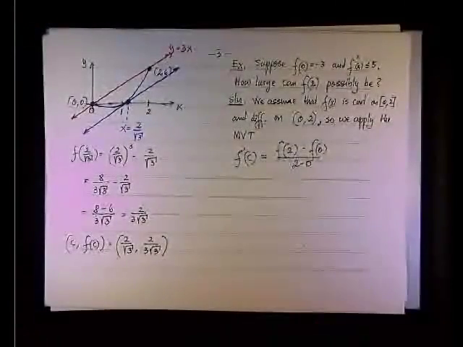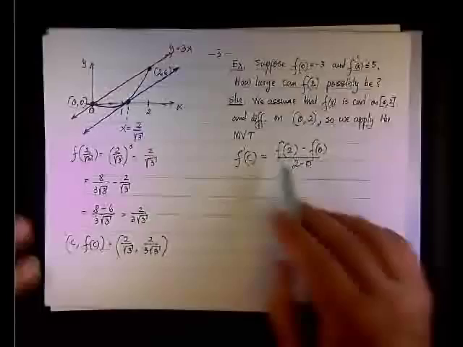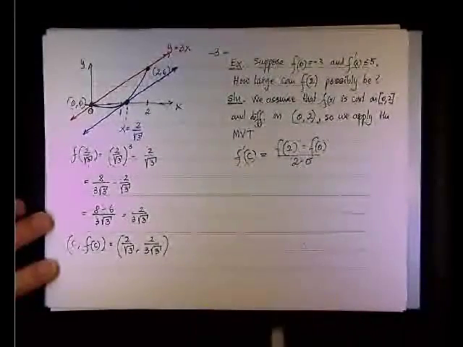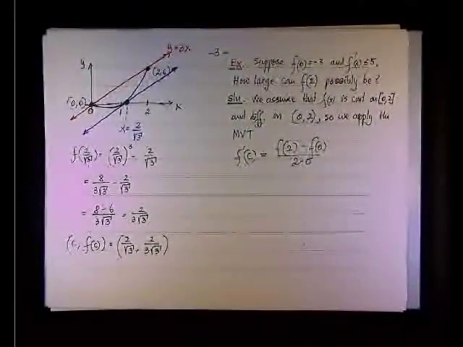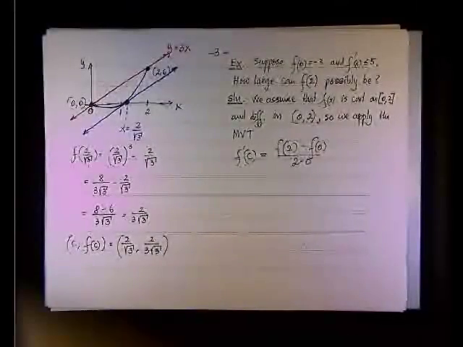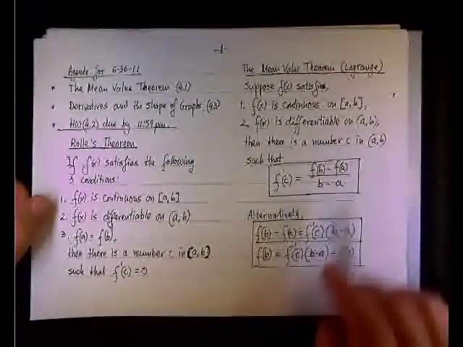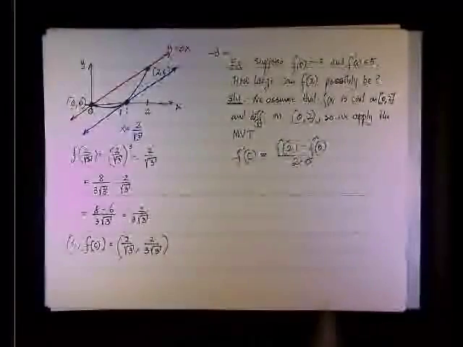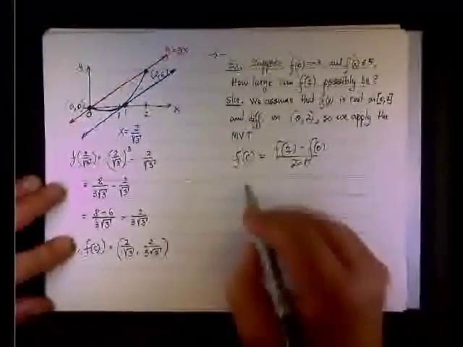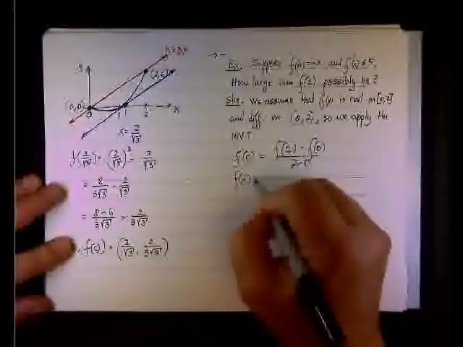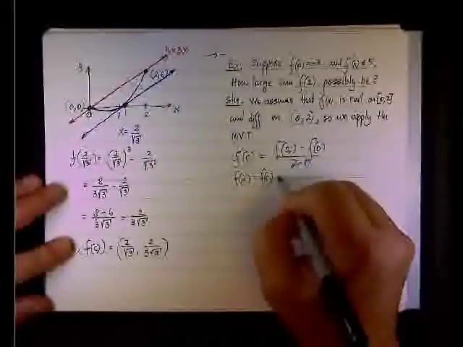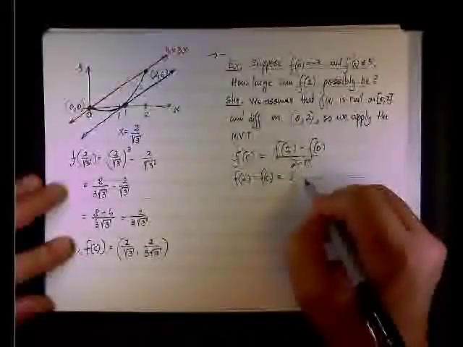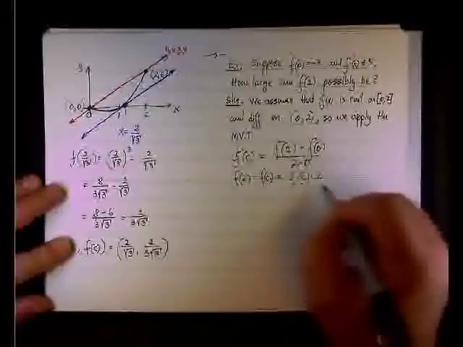And here we're going to use one of the alternative forms that we wrote at the bottom of the mean value theorem. I'm referring to these two, which is essentially, if we solve for f of b minus f of a, we get these two. So let's do it. We can write from here that f of 2 minus f of 0 equals f prime of c times 2 minus 0.